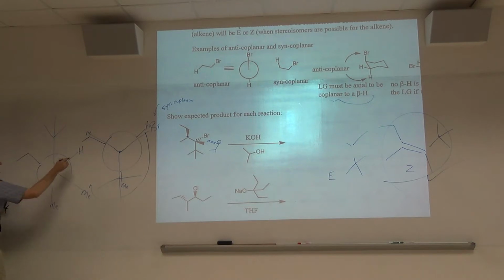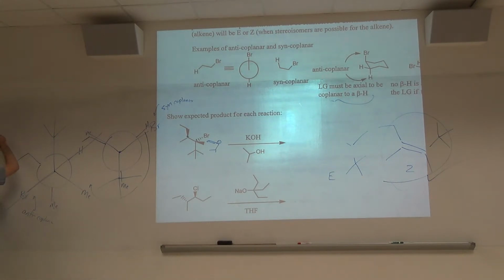Now look at this. Now your plane is right through here. And the H and the Br are sitting on that plane, but now they're what? Anticoplanar. So then we eliminated. We actually put the double bond in between the two carbons, but at this point you're done, because at this point you have two sides. And then whatever you see here, you're going to get there.